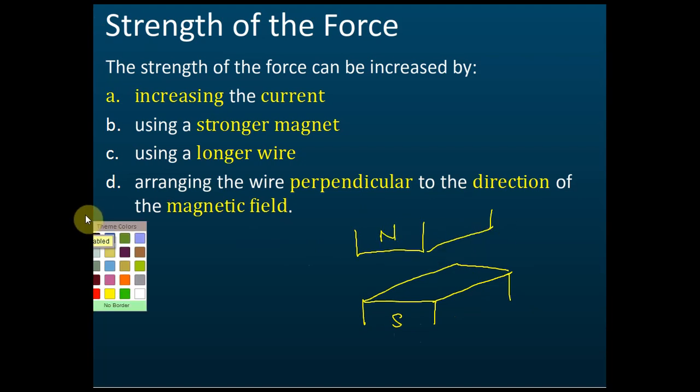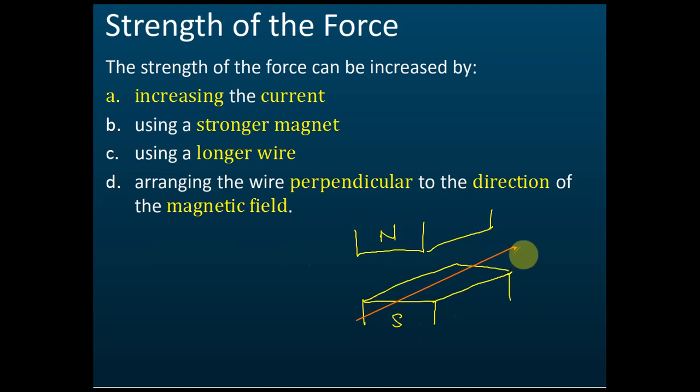If you place your wire like this, then it's perpendicular to the direction of the field, because the direction of the field is downwards. So this is 90 degrees. If it's perpendicular to the direction of the field, then you can get the strongest force.